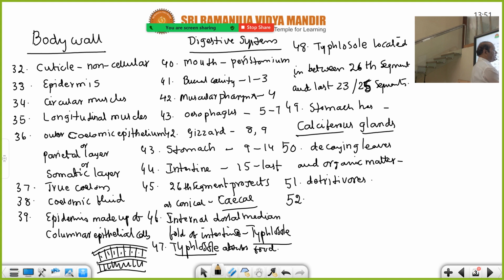Then in this decaying organic matter, if any humus is there, for example humic acid, that is neutralized by calcium carbonate secreting calciferous glands. So humic acid in humus is neutralized by calciferous glands.